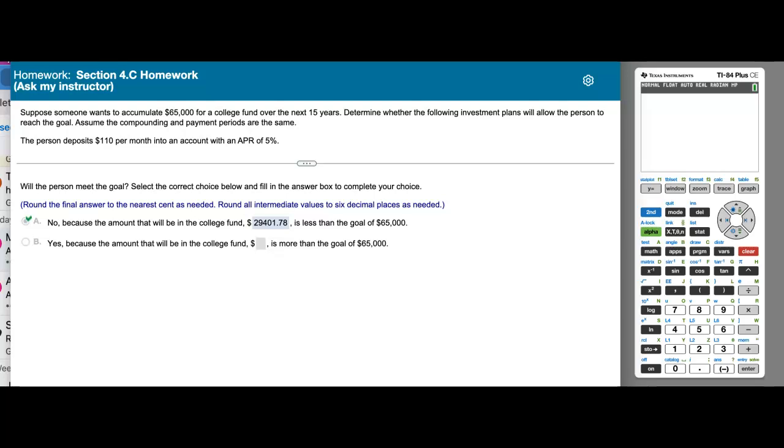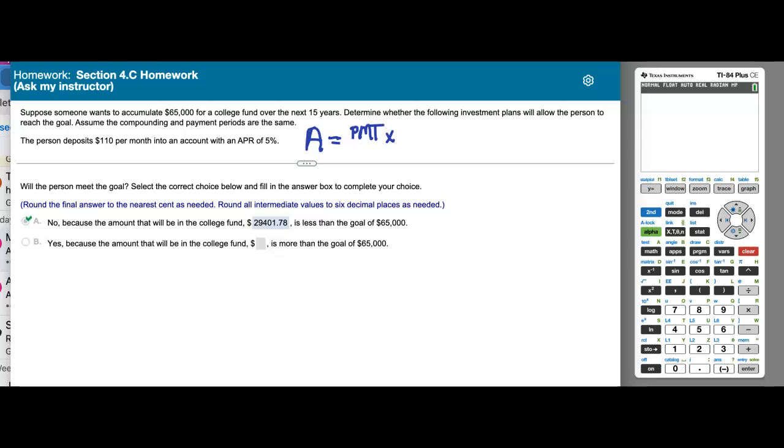So for this one, the formula that we want to use is that the amount that's going to accrue, that's the A, is equal to whatever the monthly deposit is, and we're calling that the payment, times our complex fraction.